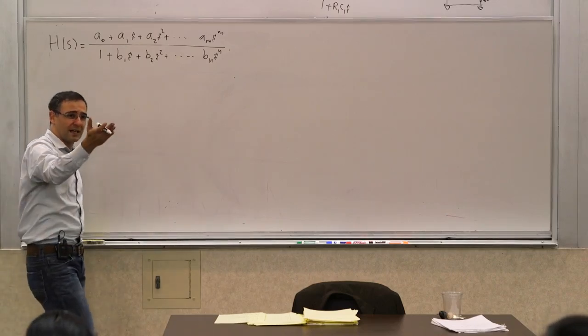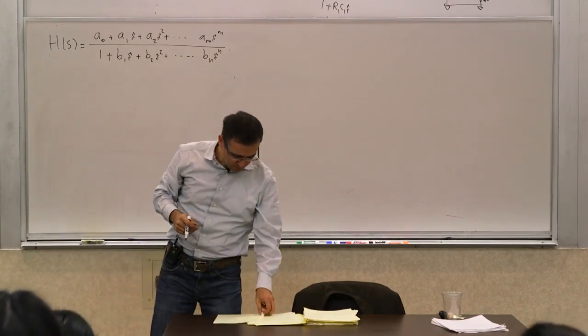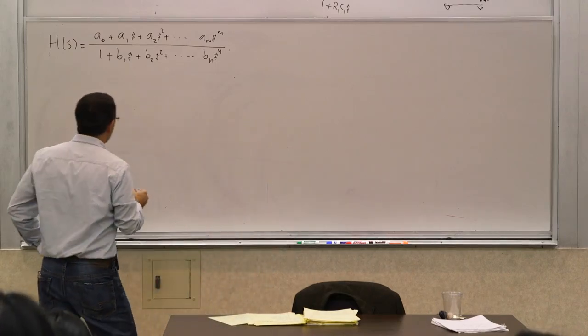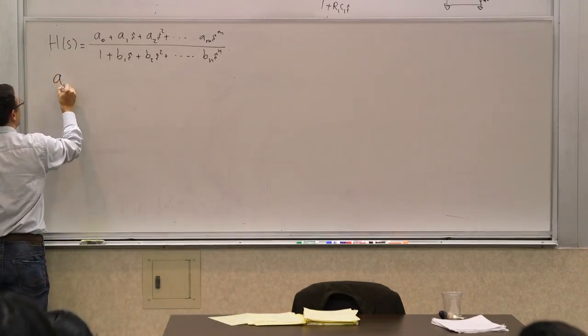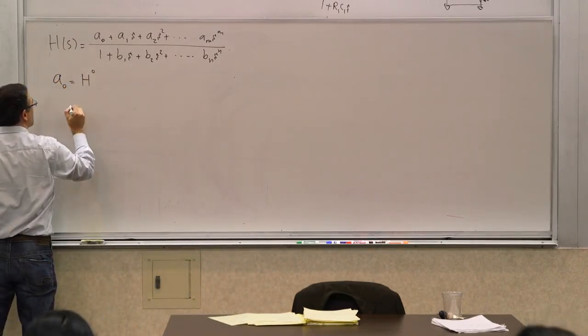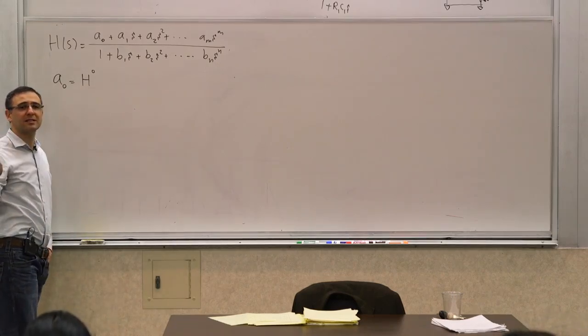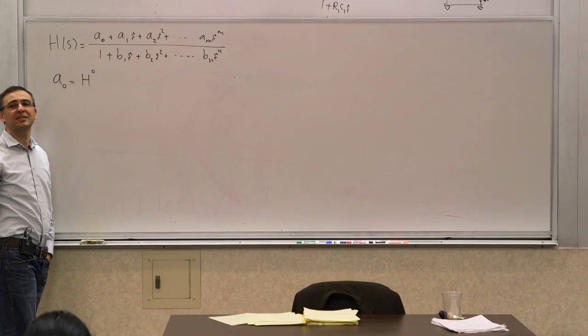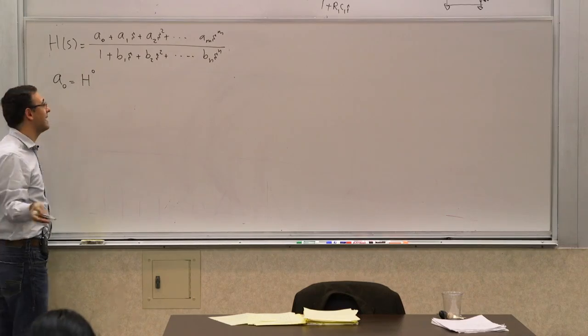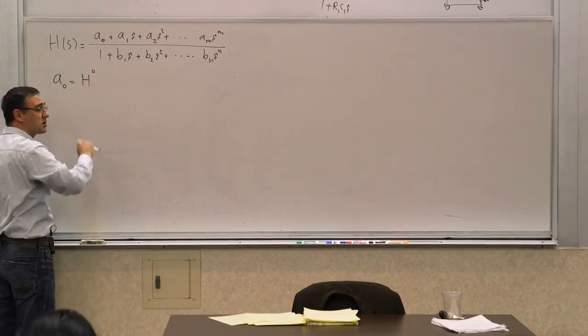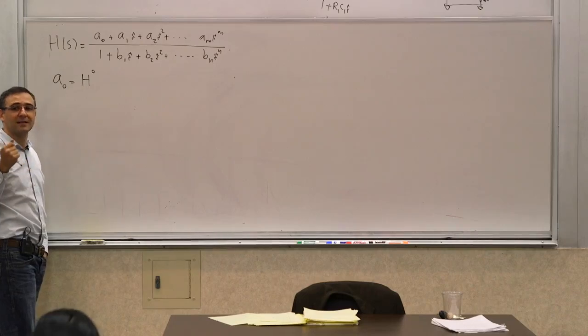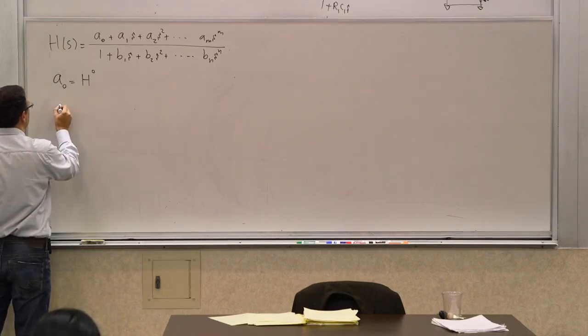You can show, and again, you can find the proof in the paper, that A0 is H superscript 0, meaning the transfer constant when all the elements are zero valued. No element is infinite valued. As I said, superscripts are the indices of the elements that are infinite valued.